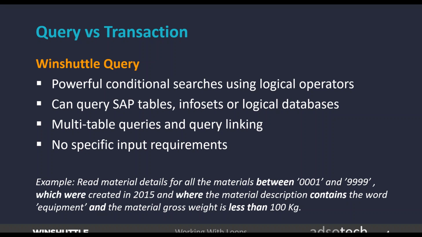You could build a query that extracts materials that have a material number between 1 and 9,999, which were created in the year 2015 and where the material description contains the word equipment and the weight is something like less than 100 kilograms.